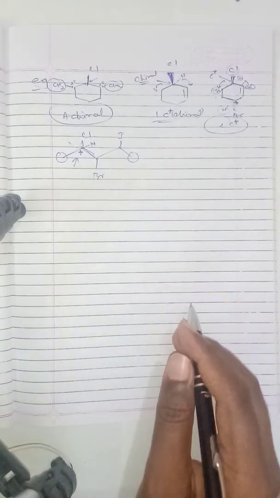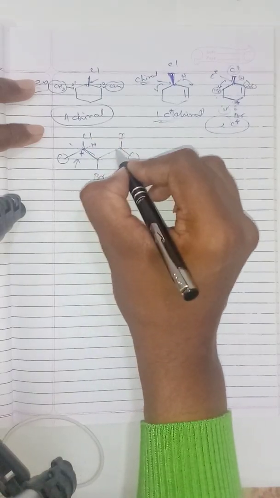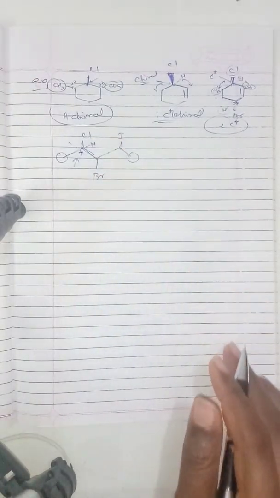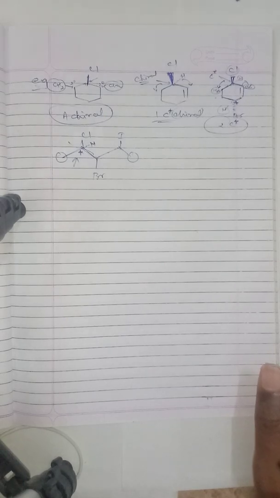One by one you can check which carbon is chiral or not. For a chiral carbon, two basic conditions must be fulfilled. Number one, it must be an sp3 hybridized carbon atom, and number two, the carbon atom must be bonded with four different atoms or groups. Then it is said to be a chiral carbon atom.